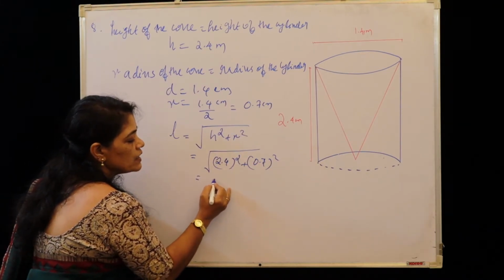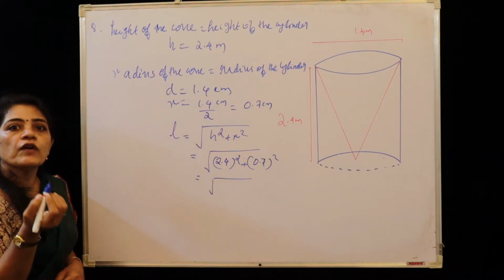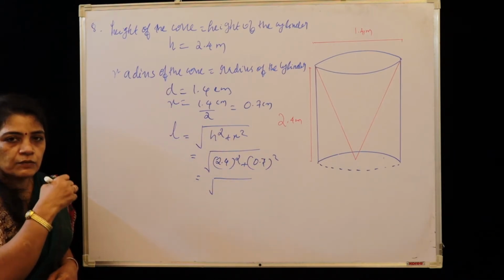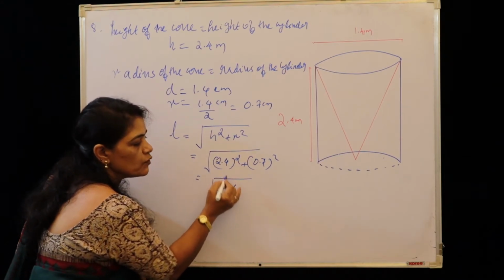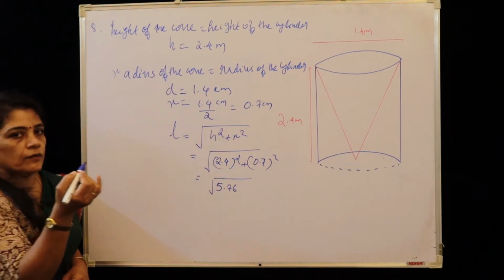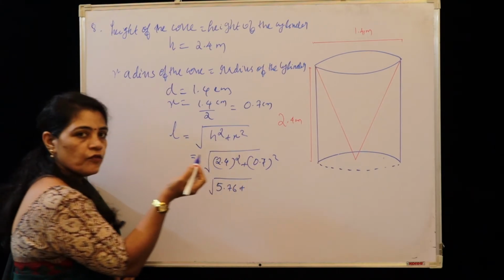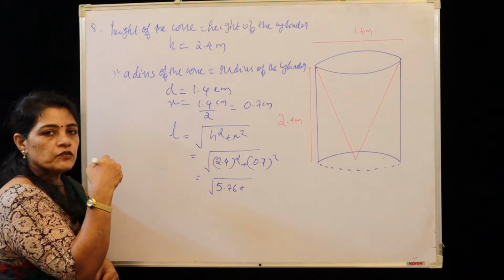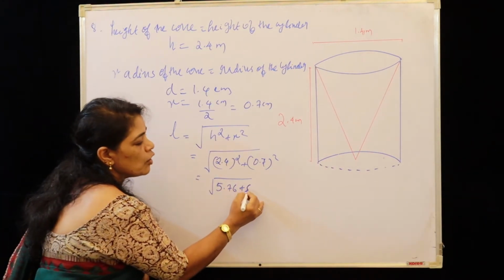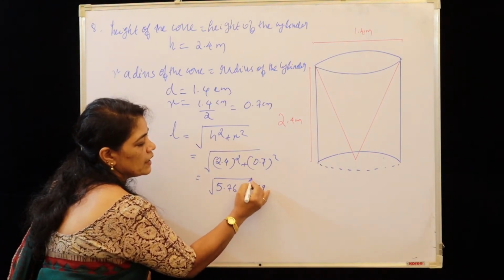What is 24 square? 576. So 2 decimal places should be shifted, that is 5.76 for 2.4 square, plus 7 square is 49, so 2 decimal places shifted to the left, that is 0.49.